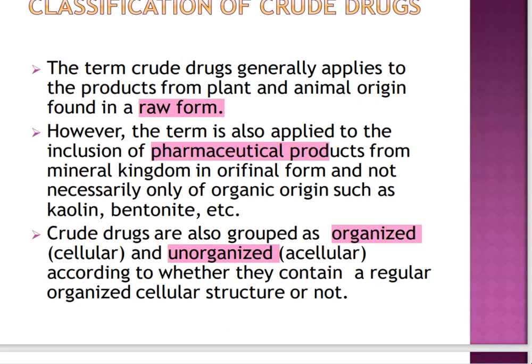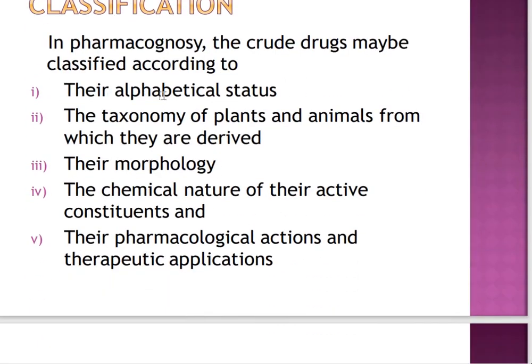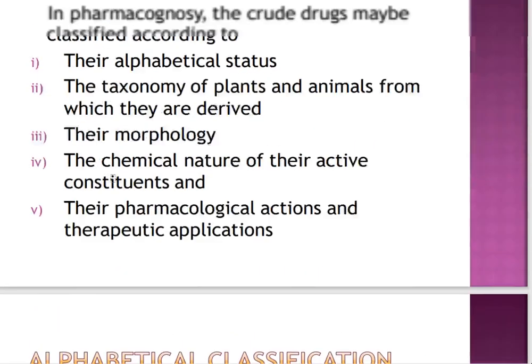Okay, now let's move ahead. We are going to study the crude drugs in order of their classification as alphabetical, taxonomy of plants and animals, their morphology, the chemical nature and the active constituents, and the pharmacological and therapeutic actions.